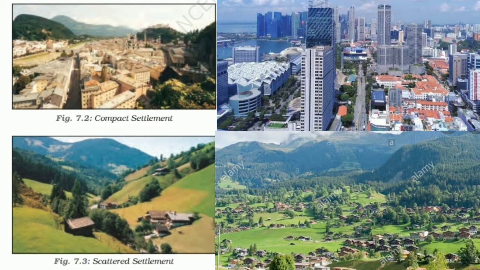Such settlements develop mostly in river valleys and fertile plains where the land is flat. In scattered settlements, houses or individual farmhouses are located away from each other. They develop mostly in areas of extreme climate, thick forest, or hilly areas.